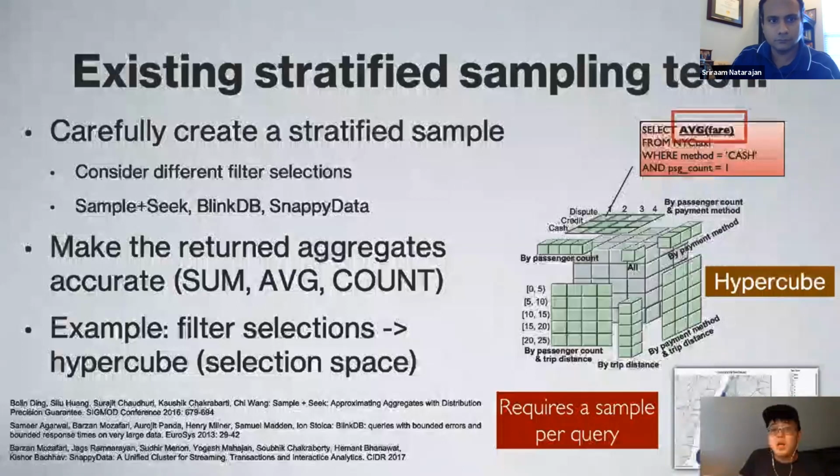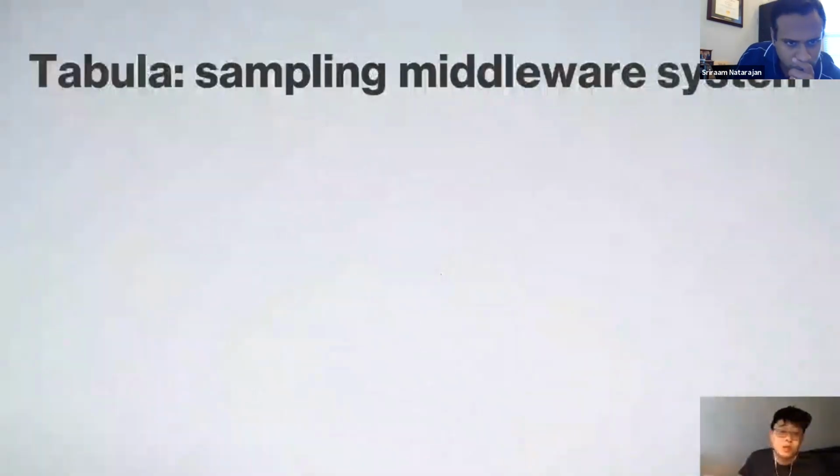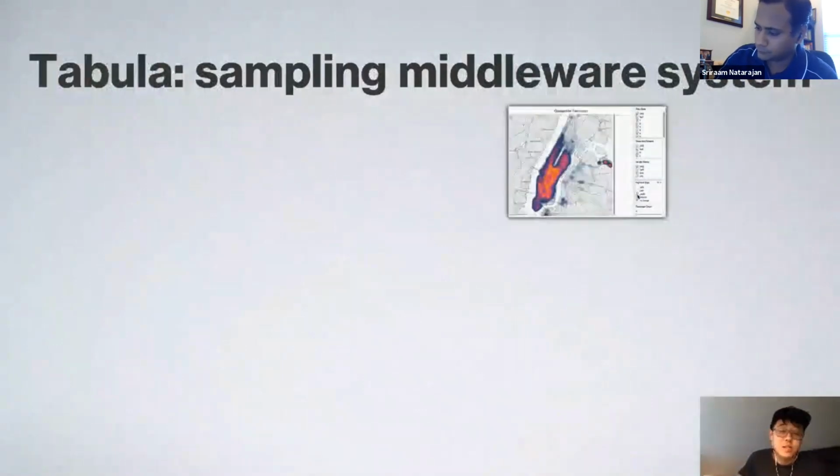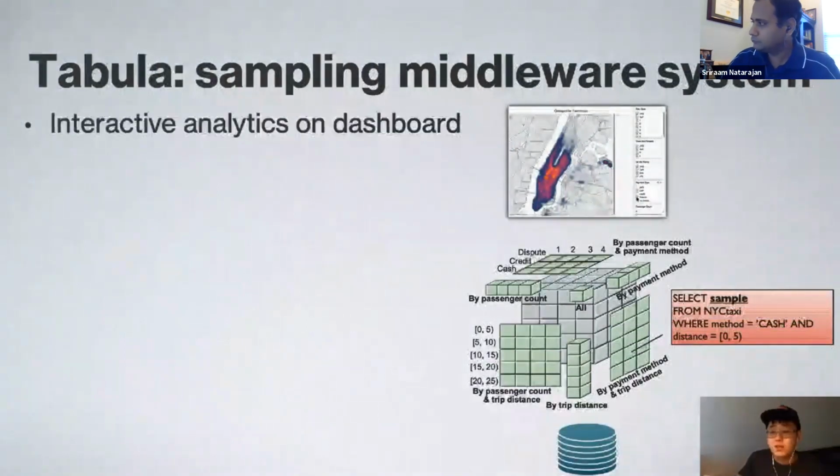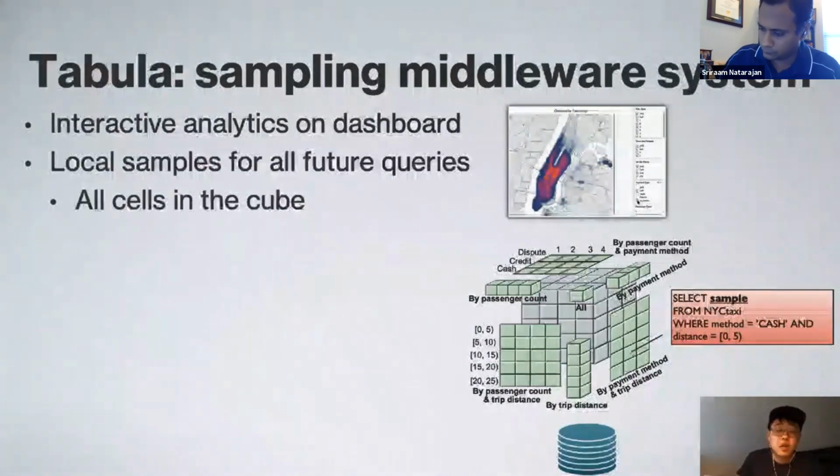This motivates us to propose our Tabula system. Tabula is a sample middleware system that sits between the front-end visualization dashboard and the underlying SQL data systems to support interactive analytics on the visualization dashboard. The idea of Tabula is that it tries to materialize local samples for all future queries, which are all the cells in this hypercube.